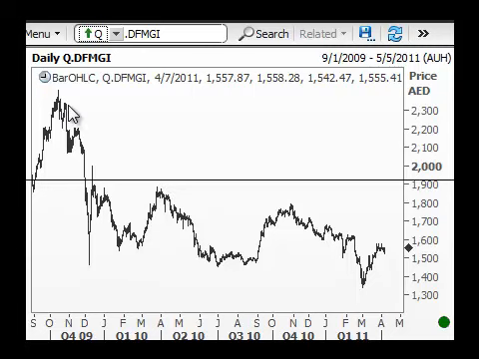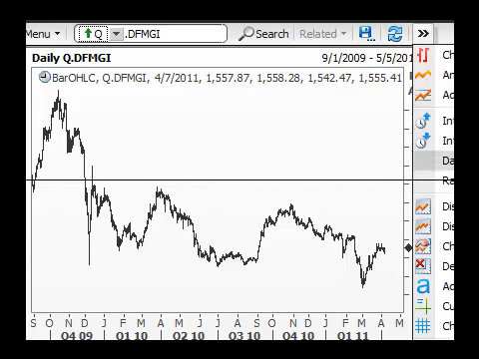So the move from this point up to here was the third wave, and from here to here is the fourth wave, right? So is this the fifth wave to finish the whole mega move all the way from the very top, which we don't see in this chart? That's the most important question.